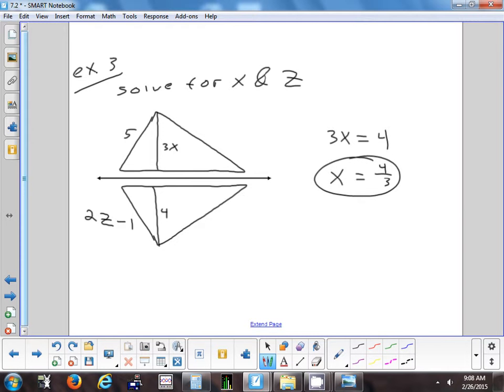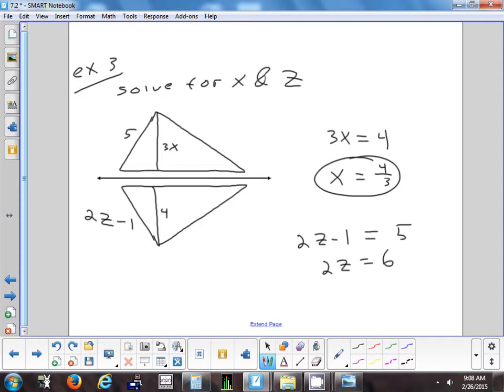Okay. How about somebody else? What would be an equation to solve for z? Right. The side that's 2z minus 1 and the side that's 5 are reflections of each other. So they're exactly the same length. So 2z equals 6.